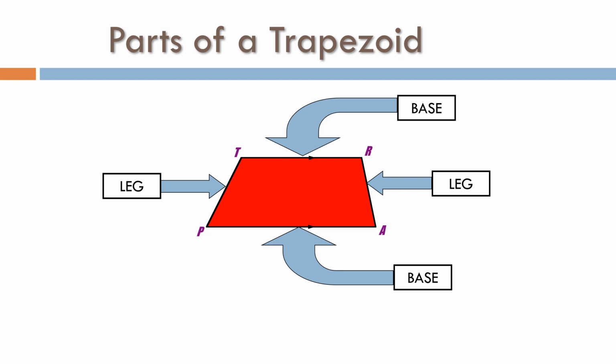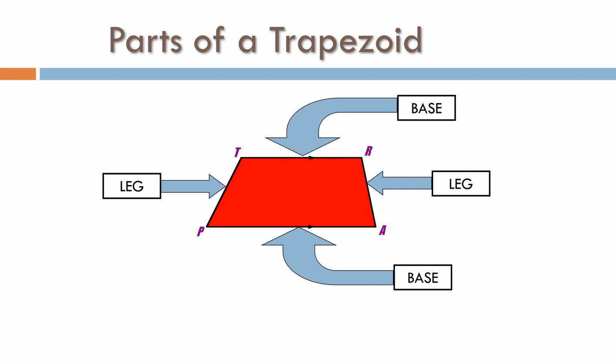Other than the sides being parallel, let's get some more terminology together. P and A are considered base angles because they share the same base. T and R are the other pair of base angles. The consecutive non-base angles are supplementary.